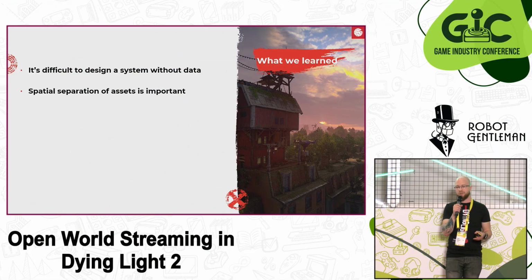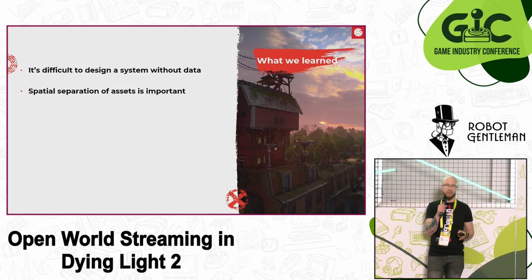Then the spatial separation of assets is important, which means that it would be best to just use assets locally. If you use some architecture style, don't use it anywhere else. Our problem, and the reason why the regions had to be so big, was because every mesh was used everywhere else, and we had assets really blend together.